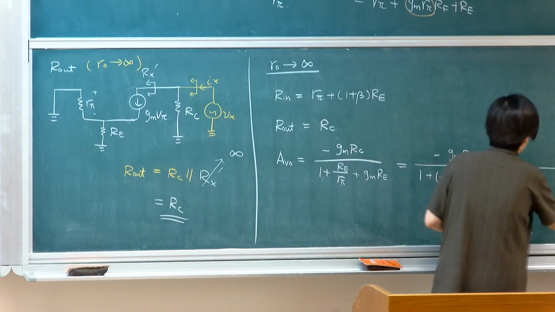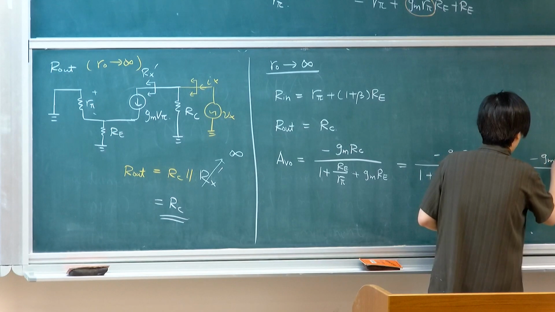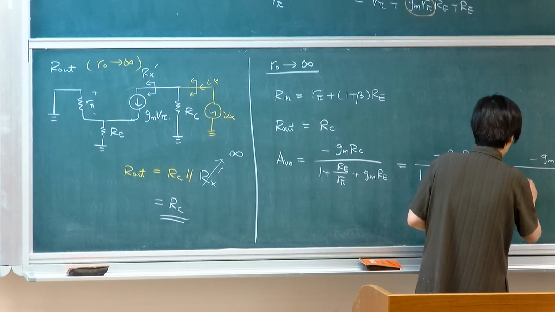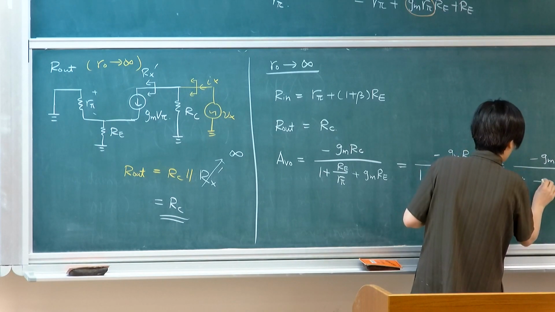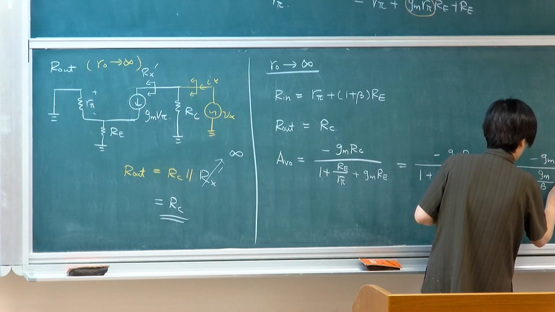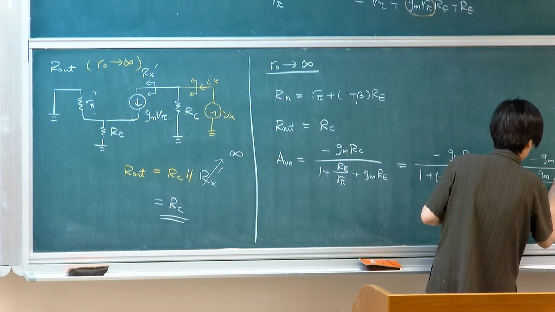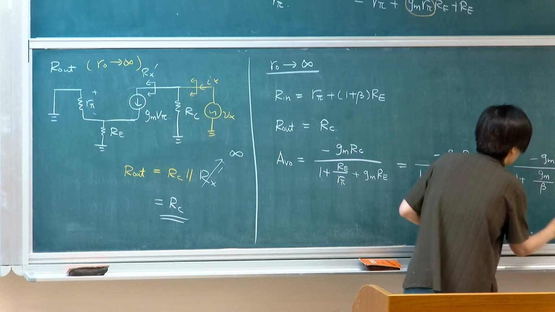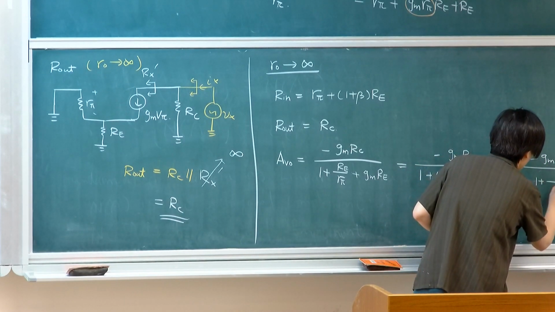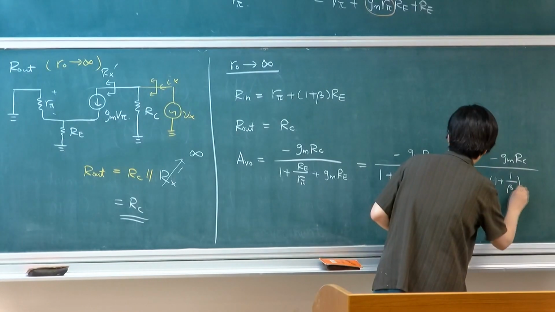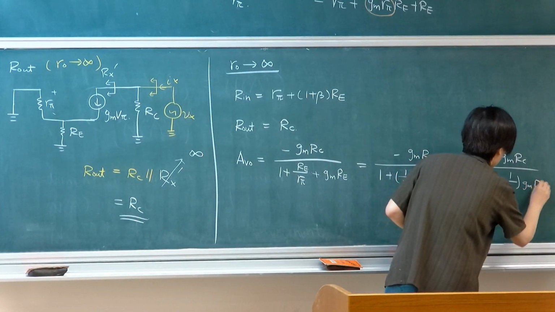So this would then be the same thing, GM RC, 1 plus GM beta plus... Let me rearrange this to a better form. So it should be 1 plus 1 over beta GM RE, with GM RC in the numerator.